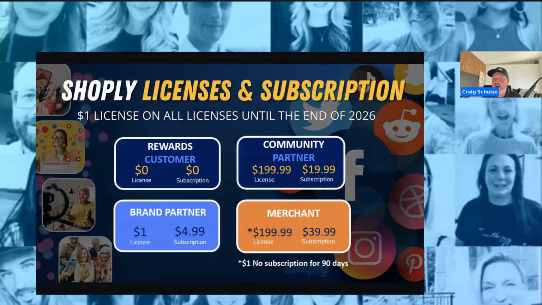We have a brand partner model. Now the brand partner model is a simple model. It's $1 really to activate an account. That's the license fee, $1. And we have a monthly subscription to use the platform of just under $5. This is in US as well.